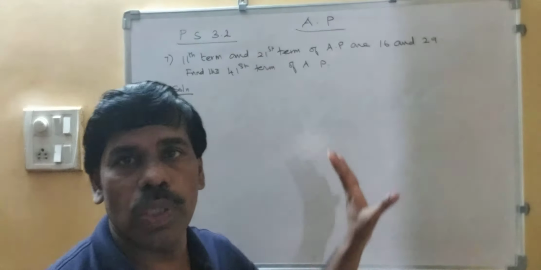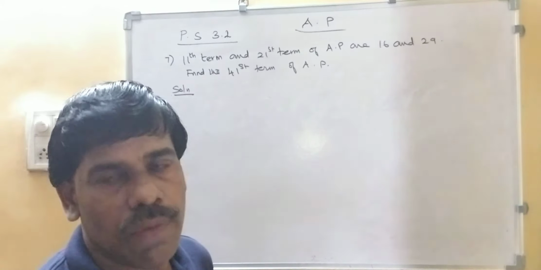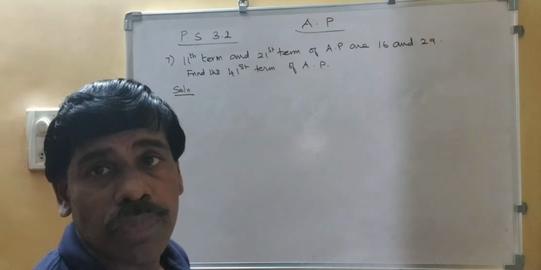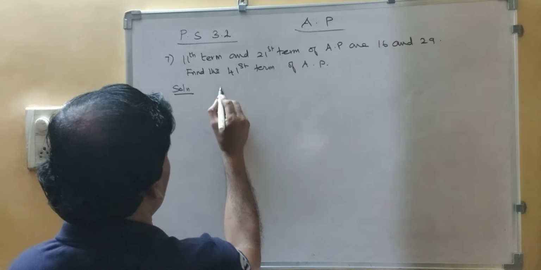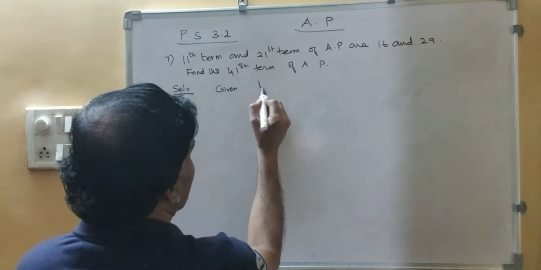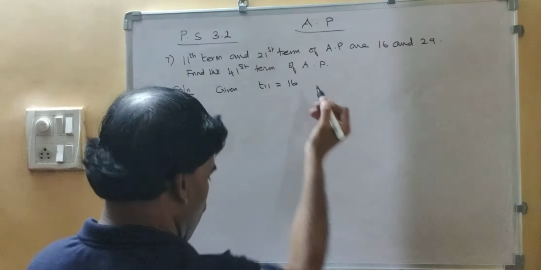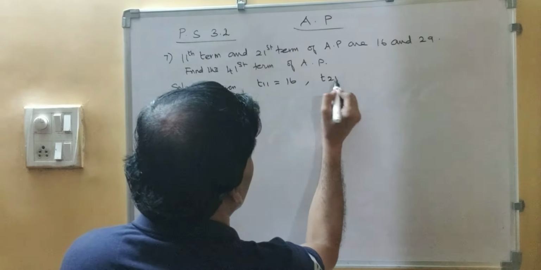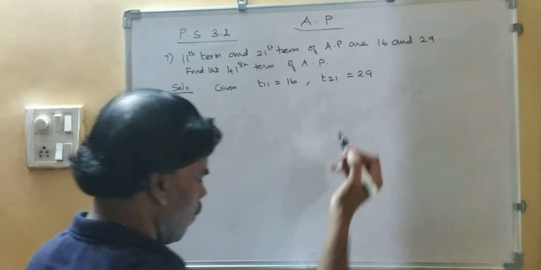See, we do not know the sequence, we have to find it out. But they have given the 11th and 21st terms of the AP. That means given what? T11 equal to 16 and T21 equal to 29.